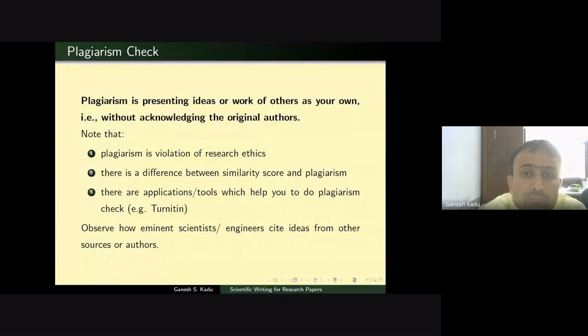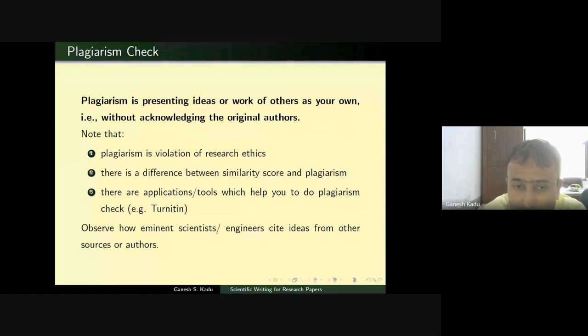So maybe you have quoted a result from a particular paper, say XYZ paper, and therefore it will naturally show some similarity, but you have attributed that to the original author, whoever the authors are. You have duly acknowledged them in the paper by citing them. Then that is not called plagiarism.